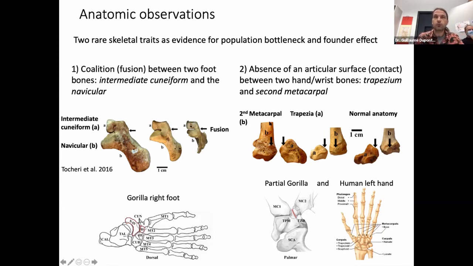The second is related to hand bones. Here we have shown a left hand of a human, and zoom in on the gorilla hand. You have two bones in your wrist. You have what is called the trapezium, and then you have a metacarpal. The metacarpals are those bones, if you really squeeze your hand, the extensions of your fingers. And normally all bones which you can move against each other have, what would you call this?